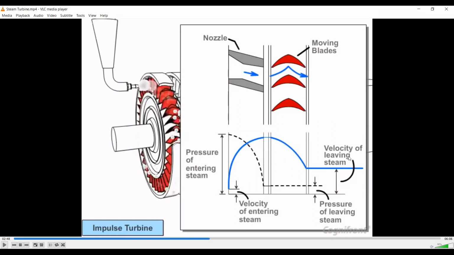This is the velocity of the entering steam, and this is the velocity of the leaving steam when it leaves the turbine and moves towards the condenser. So these are the characteristics of the impulse turbine for pressure and velocity.